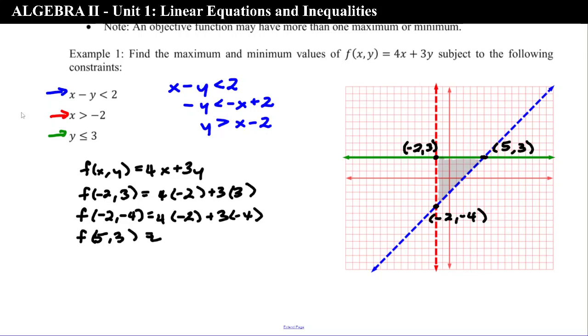We're going to just plug in our x and y for that. So our x is 5 and our y is 3. Okay? So we are going to evaluate all three of these to see what the values are.